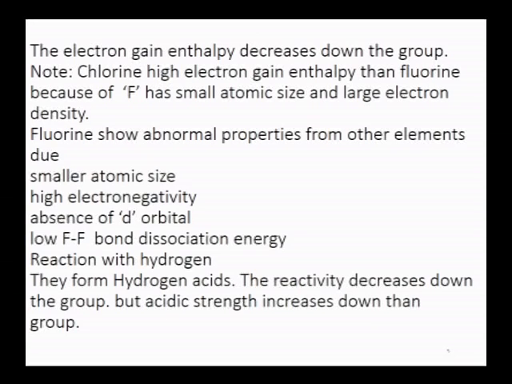The electron gain enthalpy decreases down the group. The reason is, as the atomic size increases, the attraction between the electron and the nucleus decreases, hence electron gain enthalpy also decreases down the group. Note, chlorine has higher electron gain enthalpy than fluorine because fluorine has small atomic size and large electron density, that is interelectronic repulsion.